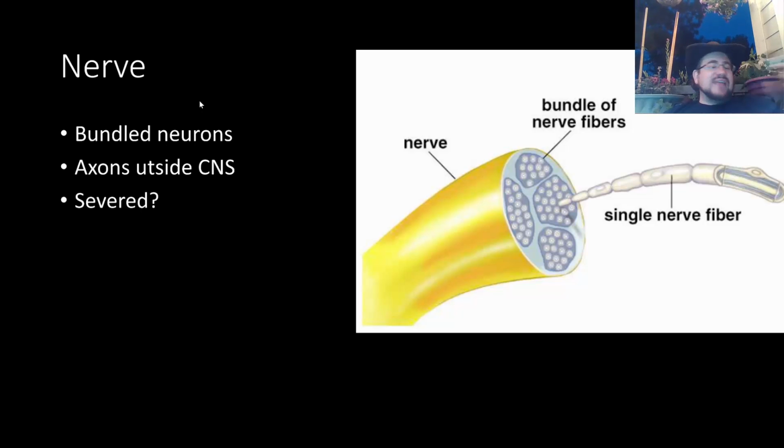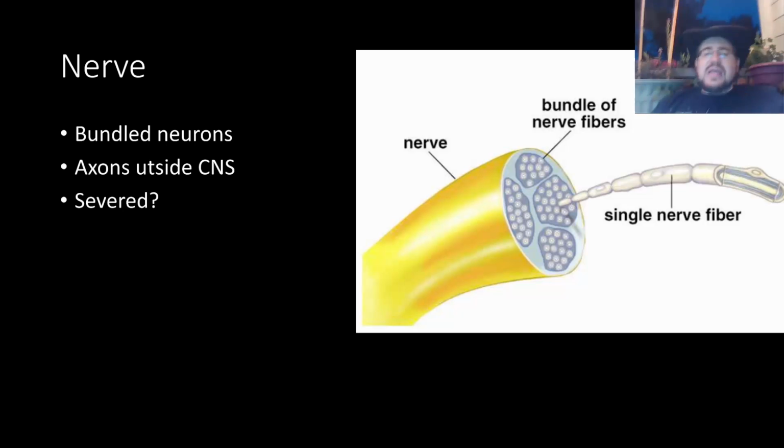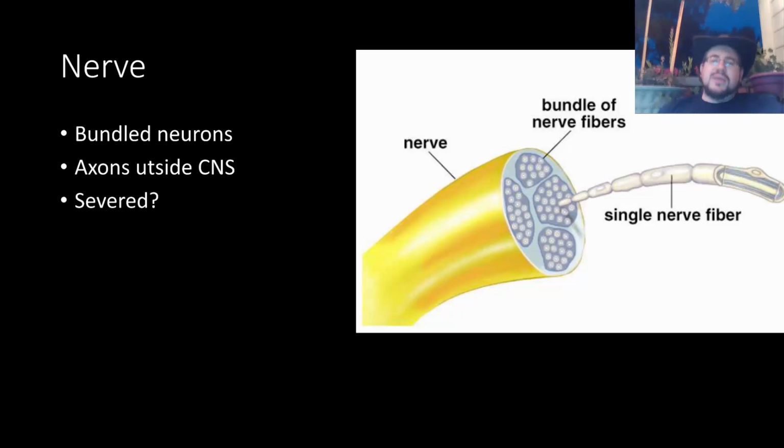So if a nerve is severed, how easily do you think it heals? How often do you hear about people regaining full function or full feeling after a severed nerve? There's a reason it's not incredibly common, and that's simply because nerves, being just axons, don't have a whole lot of effective healing.